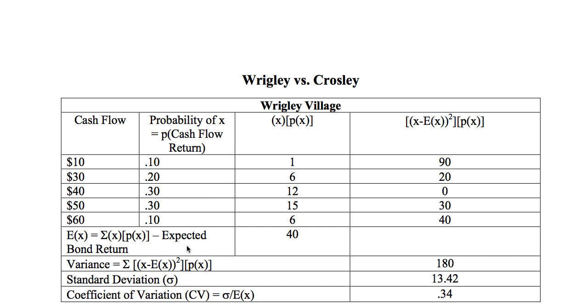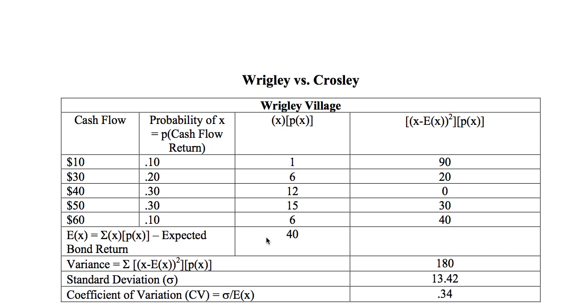Basically, to come up with the expected cash flow, we simply take what we would expect to receive. In one scenario we expect $10, and we think there's a 10% probability. So $10 times 10% would be, of course, 1. 30 times 20% would be 6, all the way down the line.